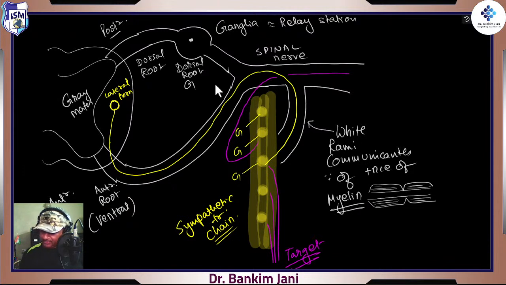So the spinal nerve would say, okay, well, in that case, I need to make once more another arrangement, and a separate path is connected, and this thing is called the gray rami communicants.